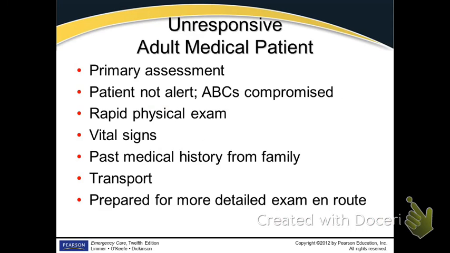In the unresponsive patient, you'll do most of your stuff en route. And that's also on the skill sheet, down towards the bottom, rapid transport. You'd want to make sure that you verbalize that you do rapid transport on the patient. That's one of the critical criteria that will fail you on that skill if you don't.